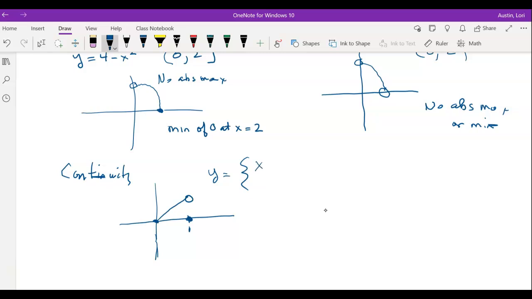It's just the y equals x line, if x is between 0 and 1, not equal to 1. And then y equals 0 when x equals 1. Okay, so do be careful. I'm not going to write it out, but we'll just talk about it. Do I have an absolute max?